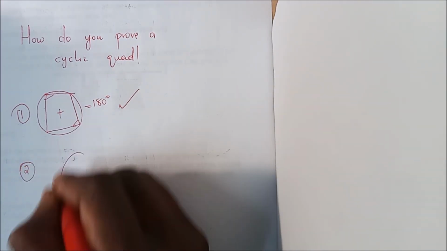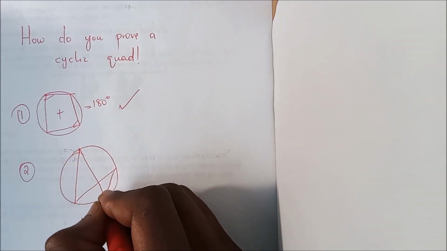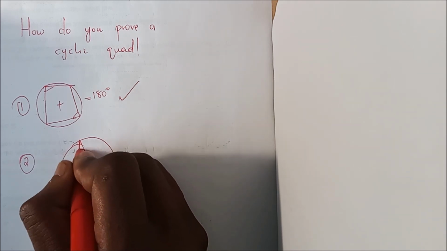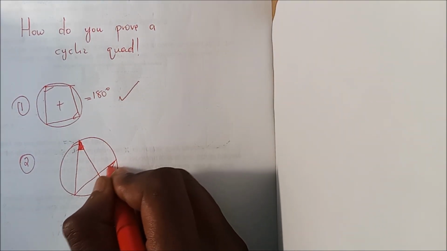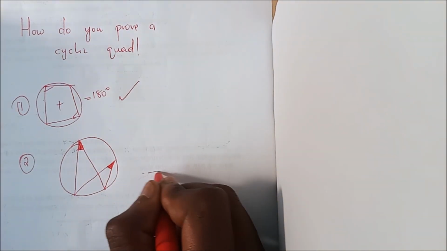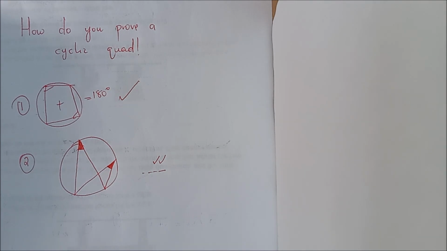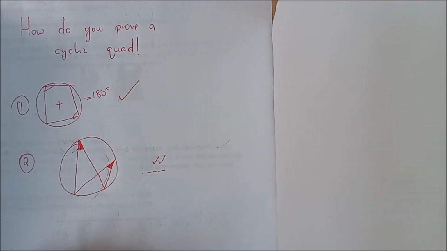Number two, find these angles. I'm going to show you. You find these angles, you write them on the side. And then if you can prove that those two angles are equal, then the figure becomes cyclic.